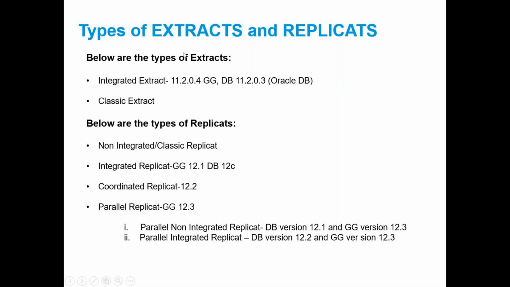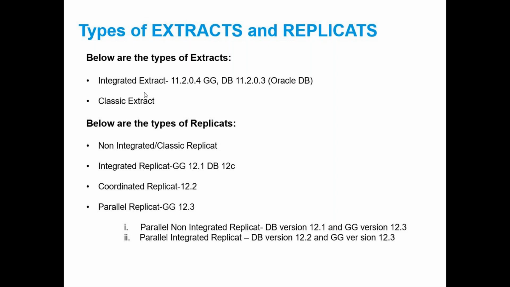Remember one thing, if you are using multi-tenant architecture, if you have multi-tenant databases, you can use only integrated extract or replicat. You cannot use the classic one in that case. So you have only the option to use integrated extract. What is the difference between the two? We'll be discussing that.